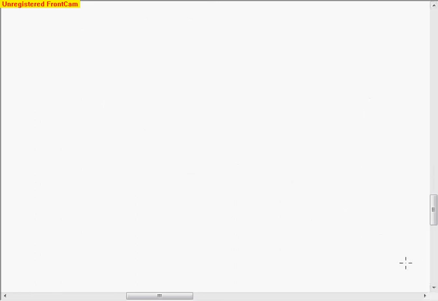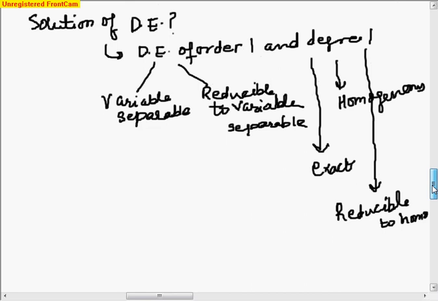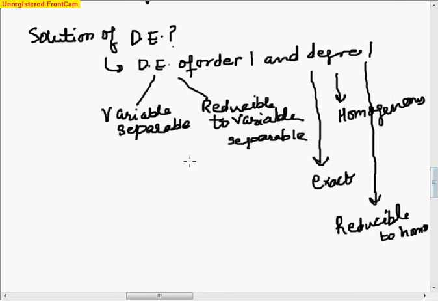Now one thing is left in differential equations of order 1 and degree 1, that is linear differential equations, that we will do. Linear differential equations and equations reducible to linear differential equations.